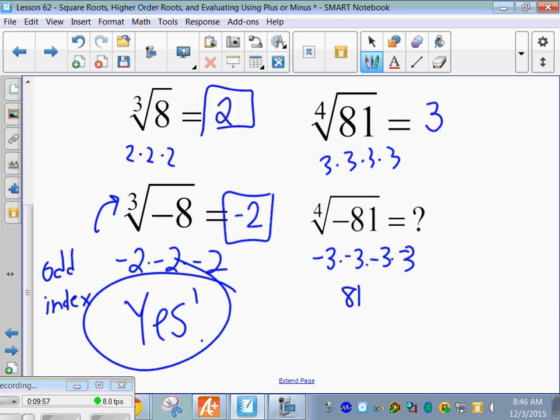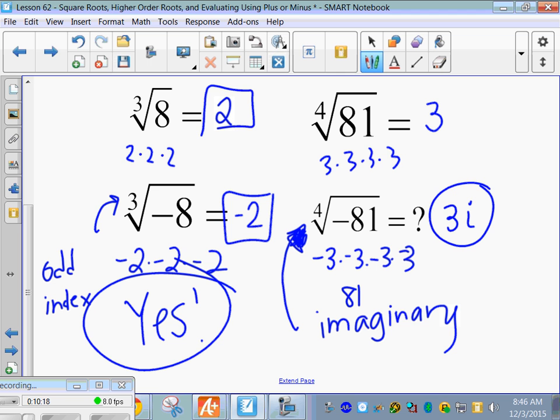Evan, do you have a thought for me? Close. Not impossible, but this special word, I think I said it the other day. Corey. Imaginary. These are imaginary. So someday, in Algebra 2 next year, you will learn that the answer is 3i. But don't worry about that for now.